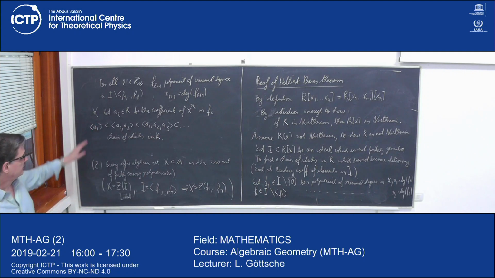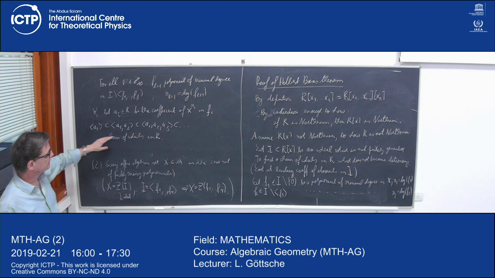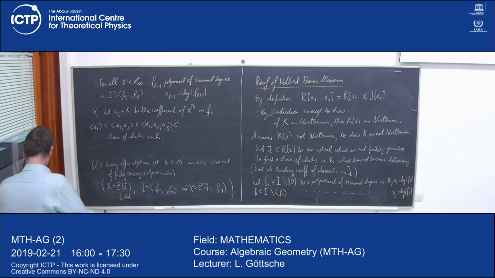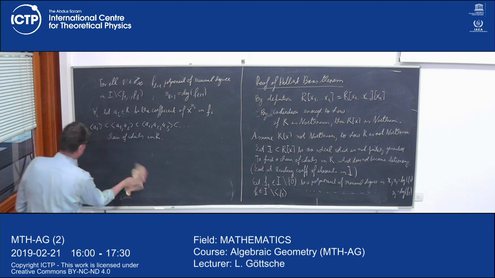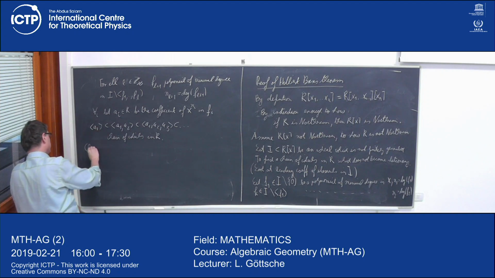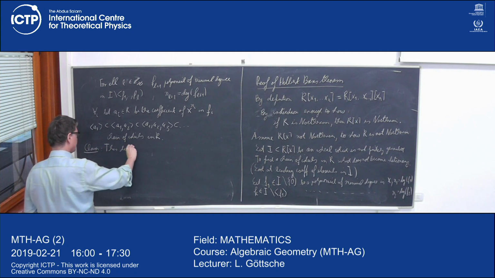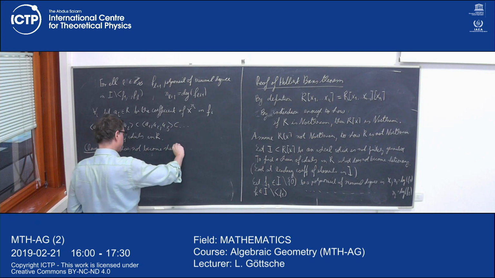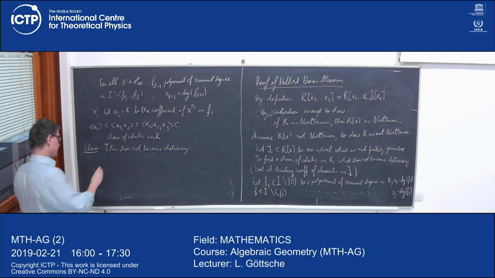So we want to show that this chain of ideals violates the Noetherianity of R. So we have to show that this chain does not become stationary. It's not that after a certain point all of them are equal. So assume it does, so we make an indirect argument.